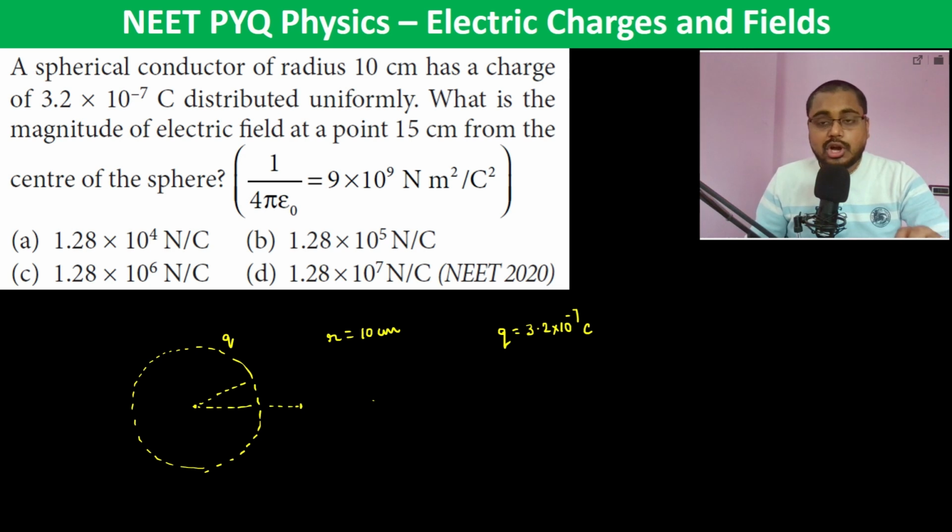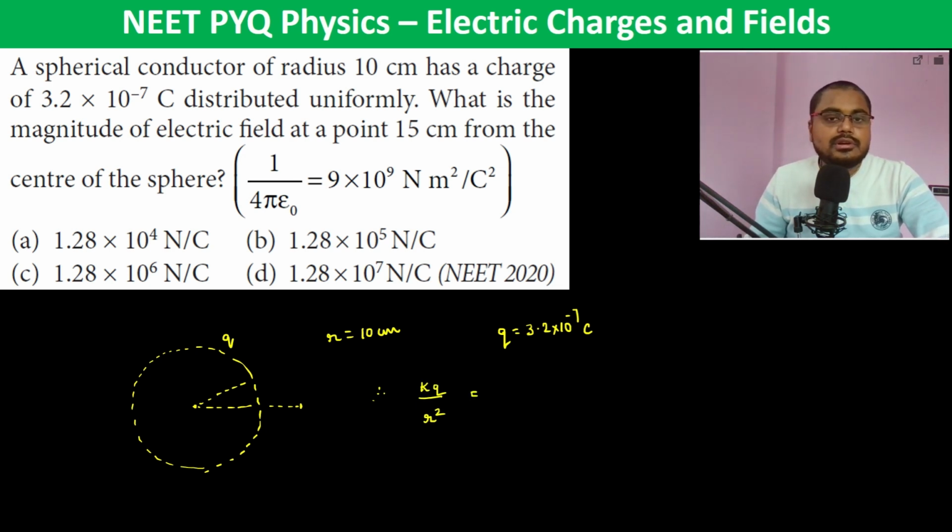Because it is distributed uniformly, we can see it as a case of a hollow sphere, or even a solid sphere, it doesn't matter, because the point where we have to calculate the electric field is outside the sphere. So it will simply become KQ divided by R square, where R is the distance from the center.